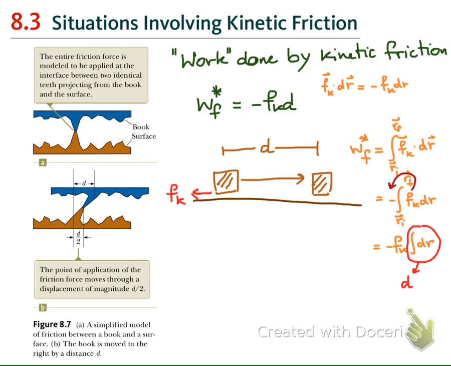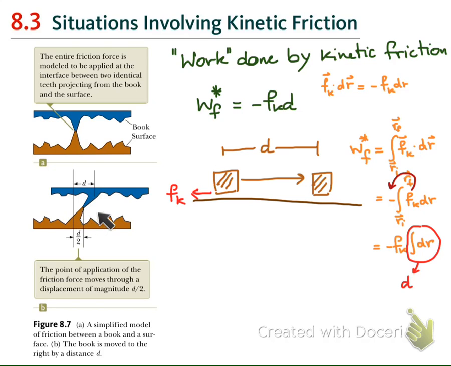For example, this is the system of the book and surface, and the friction happens at this contact. When we slide the book with a distance d, you can see that the contact may move.